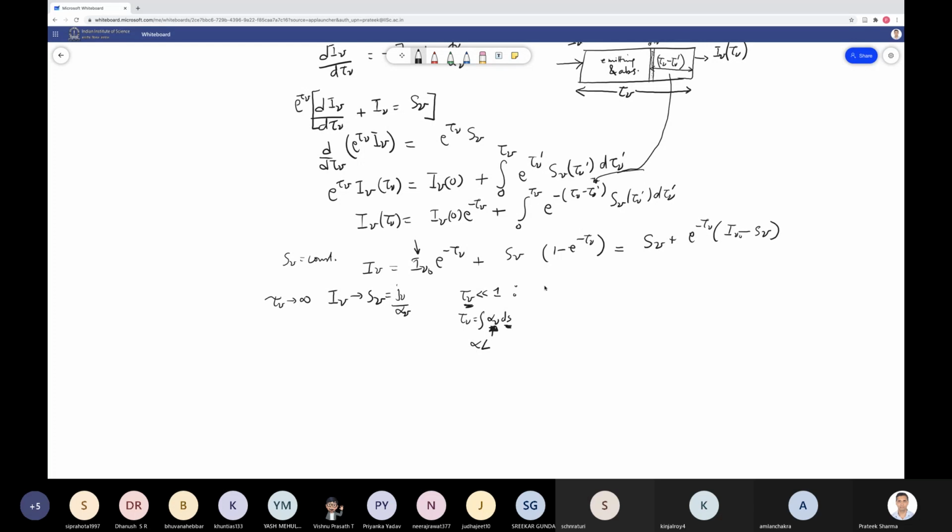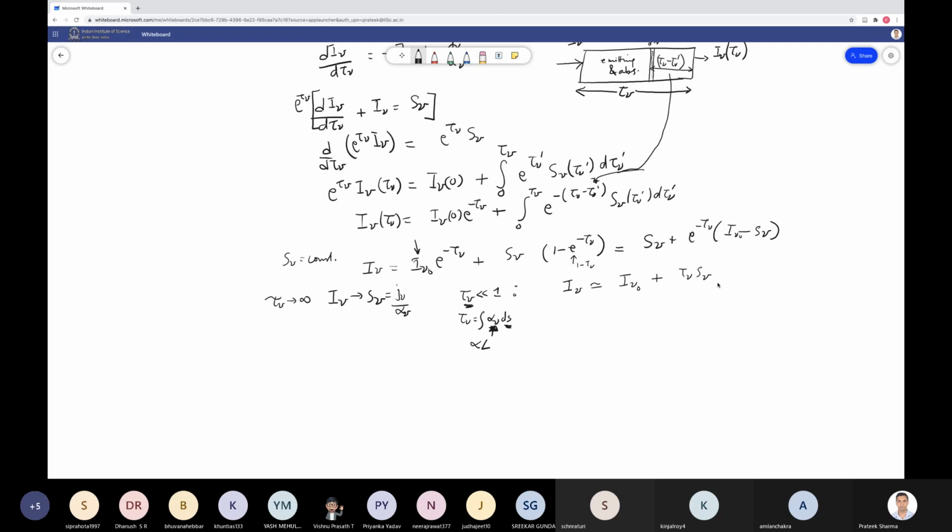Okay, so for tau nu much less than 1, I nu is equal to I nu naught. If tau nu is small, then I nu naught just passes through. Plus, if tau nu is small, you can Taylor expand the exponential as 1 minus tau nu. So this will become tau nu S nu.